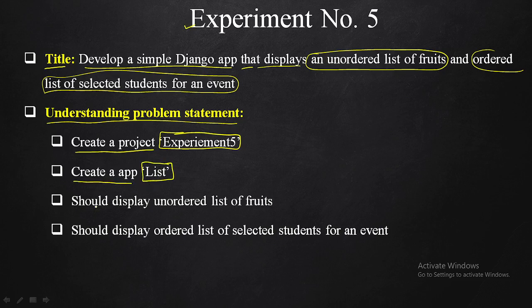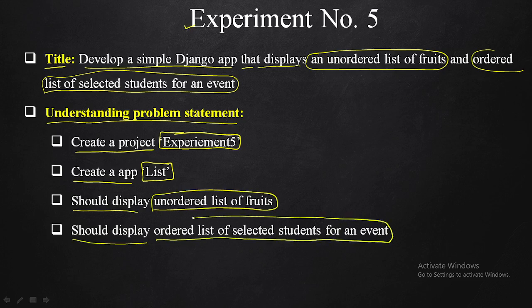This list app should display an unordered list of fruits. Also, it should display an ordered list of selected students for an event. So this is the understanding of the problem statement. This is what we're supposed to perform in this particular experiment number 5.